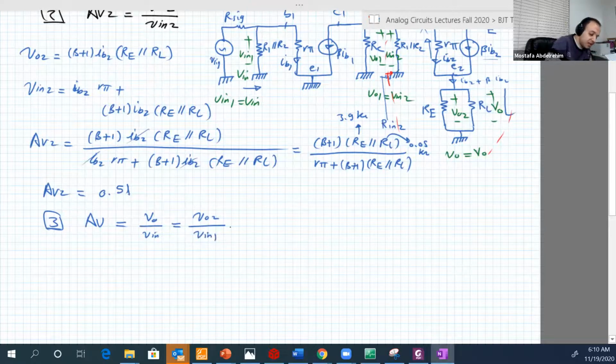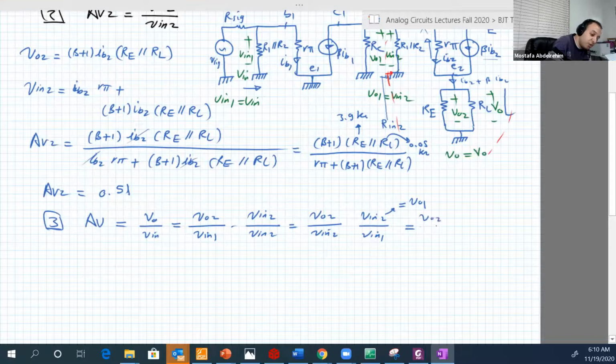Then we can multiply by V input 2 over V input 2. We didn't do anything. But we know that V input 2 is equal to VO1. This is equal to VO2 over V input 2 multiplied by VO1 over V input 1. This is AV2, this is AV1.